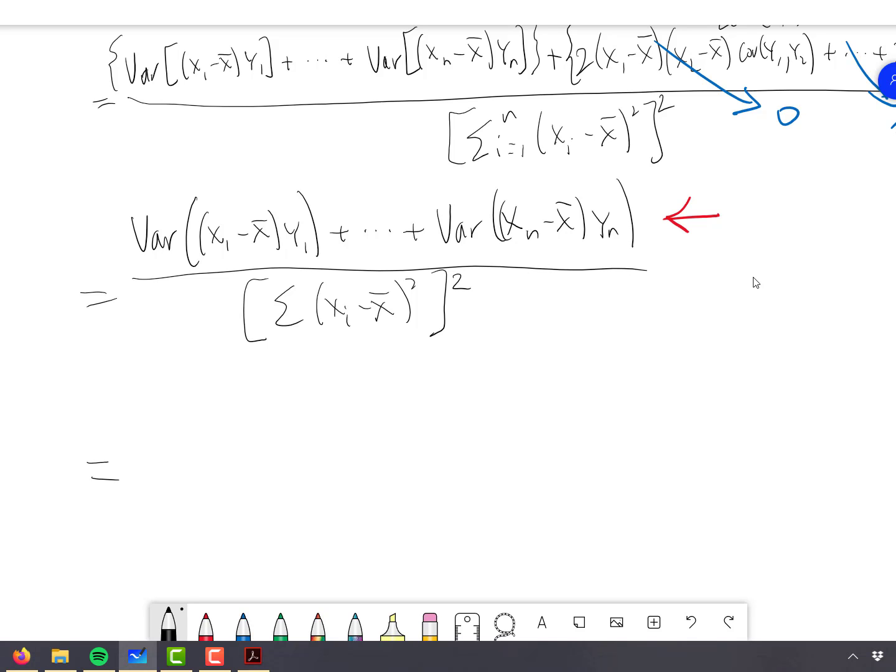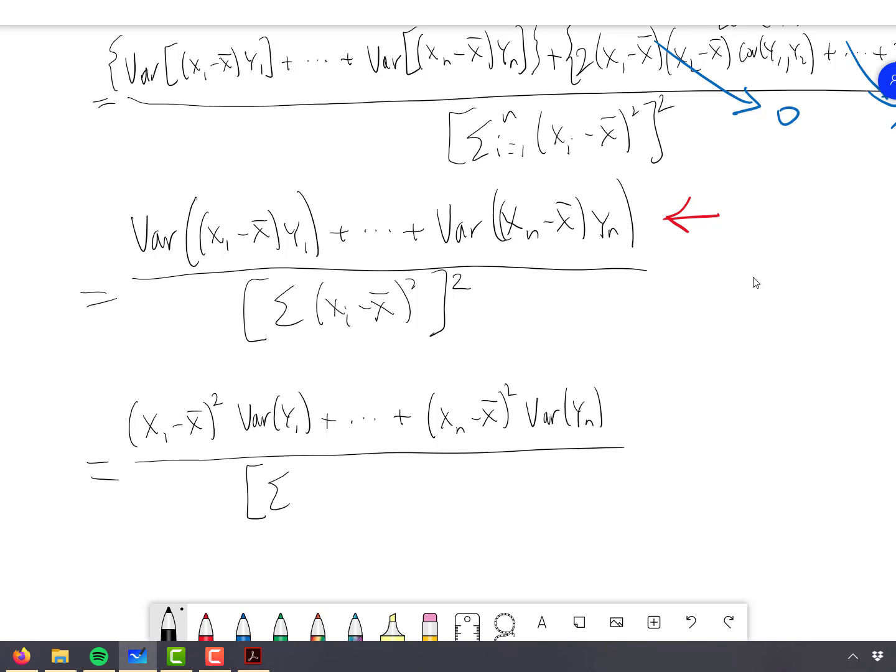So we can rewrite this as (x1 minus x bar) squared times the variance of y1, plus this applied to all of our observations until we get up to our nth one, (xn minus x bar) squared times the variance of yn, again divided by that summation we had before, the sum of (xi minus x bar) squared, squared.